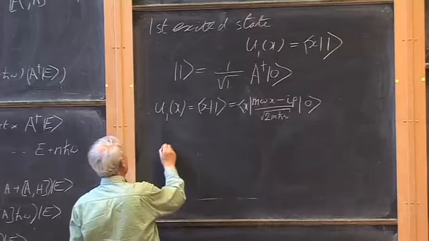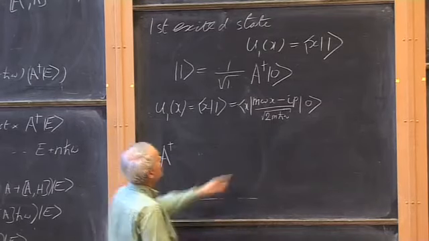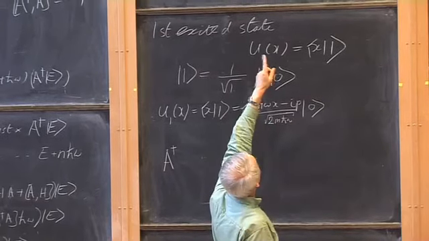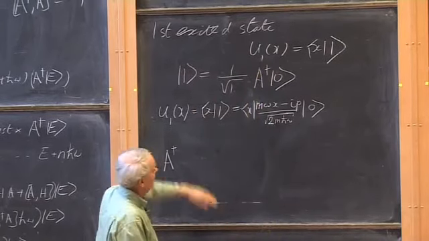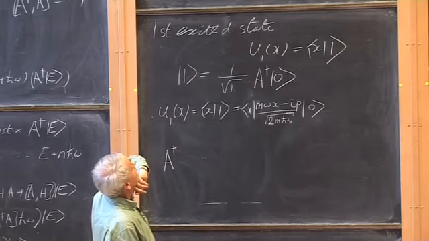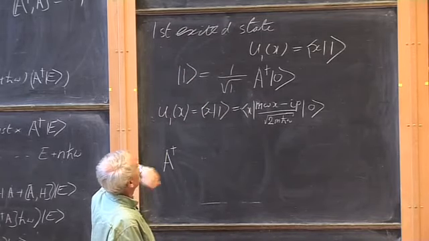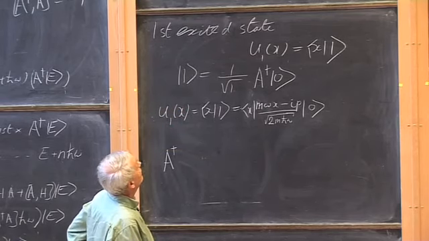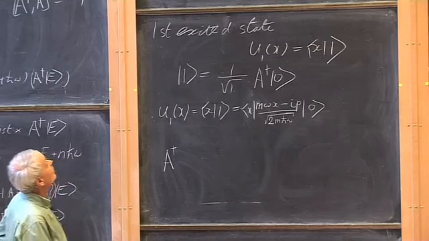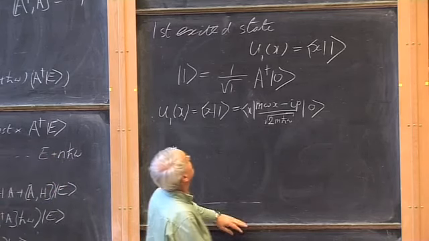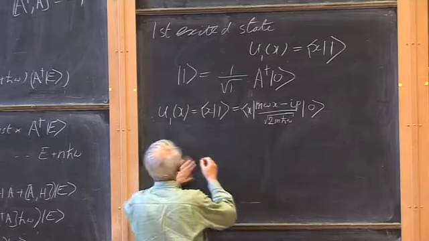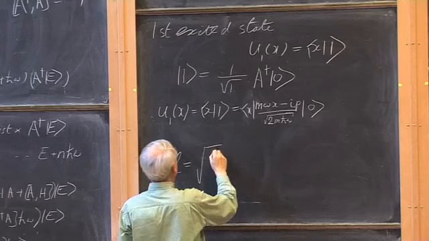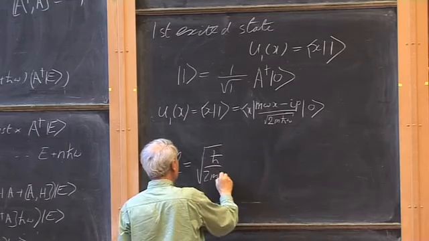So let's say what A dagger is in terms of L. L is equal to the square root of h bar over 2m omega.